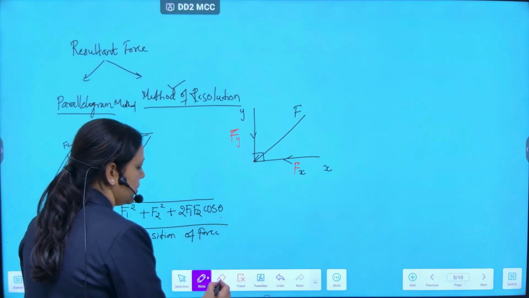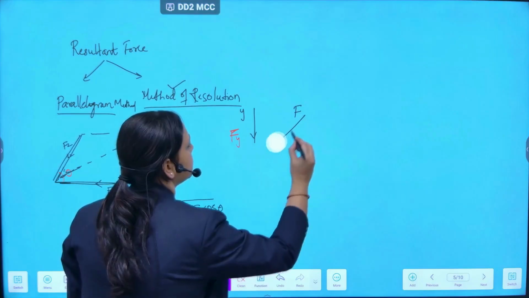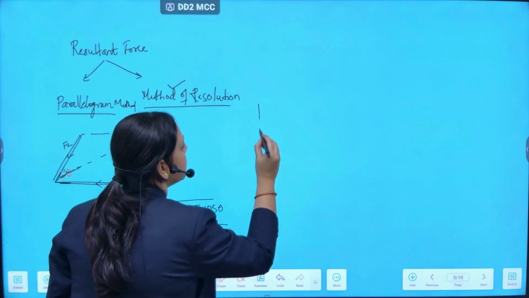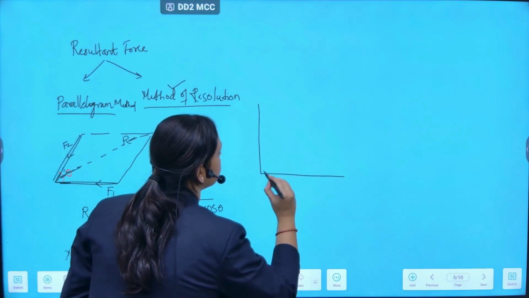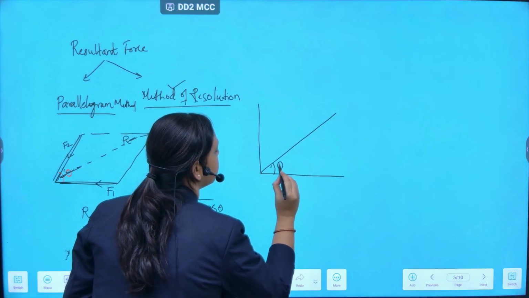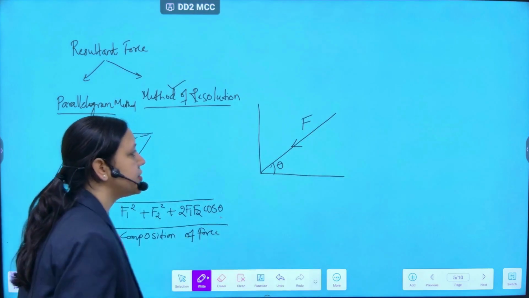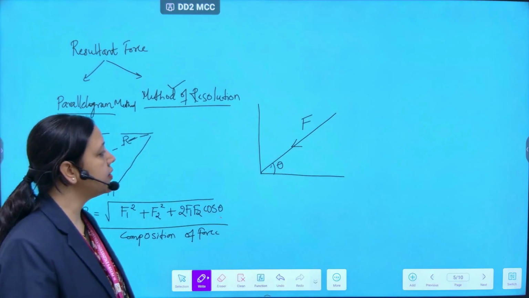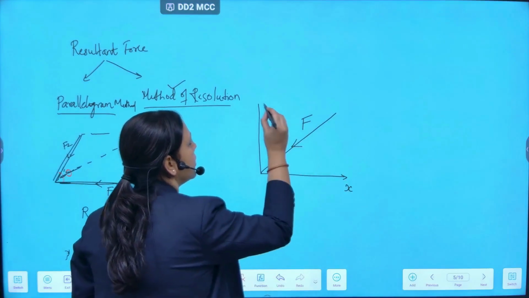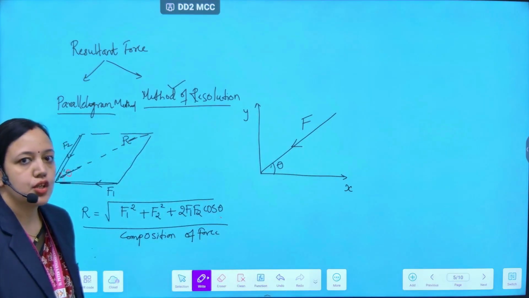Now let's try to understand how we find Fx and Fy. The force F is making an angle theta with the x-axis.